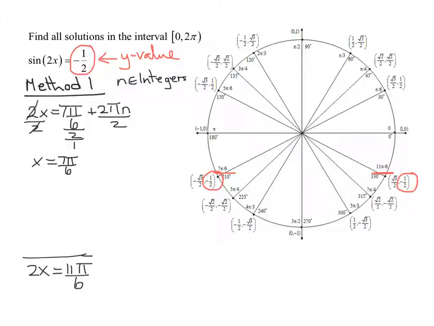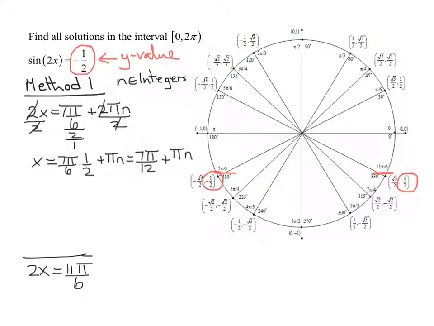So it's 7 pi over 6 times 1/2 plus pi n. So I know x equals 7 pi over 12 plus pi n. Because remember, when you multiply fractions, 7 pi times 1 is 7 pi, 6 times 2 is 12.